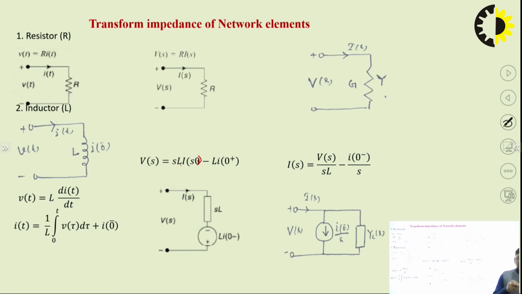Suppose a network is given and it is convenient to apply Kirchhoff's voltage law, then we convert the inductor in this fashion. If the network is suitable for applying Kirchhoff's current law, then the inductor in time domain can be written in this fashion in the S domain. So it is convenient to use Kirchhoff's current law in this circuit and Kirchhoff's voltage law in the other circuit.